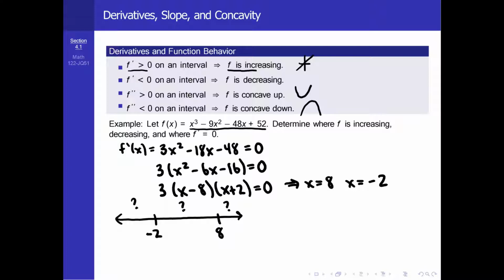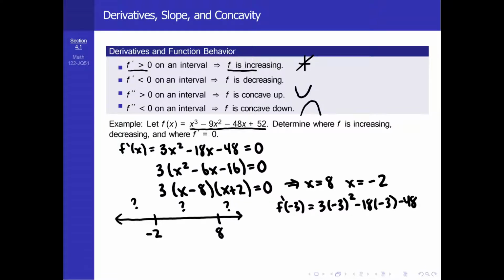So to the left of negative 2, I can pick the point negative 3, for example, and there's tons of different points that you could choose, but I'll choose negative 3. And if I take negative 3 and plug it into the derivative, I end up getting 3 times negative 3 squared minus 18 times negative 3 minus 48.